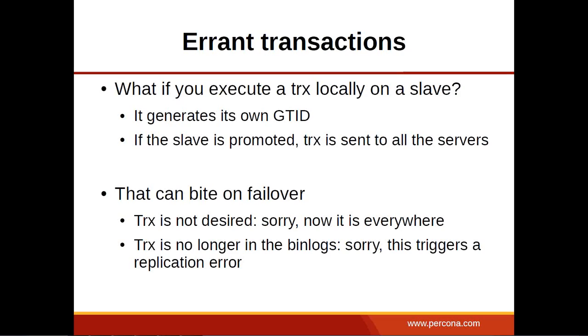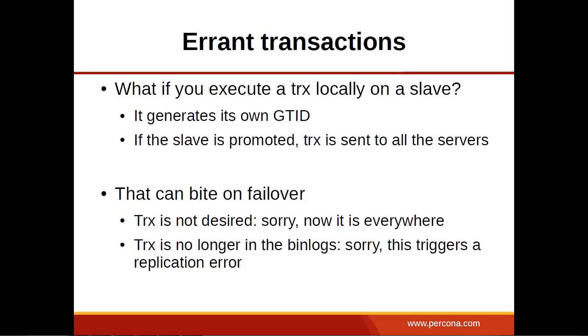First, what happens if you execute a transaction locally on a slave? So, of course, you're not supposed to do that because all writes should go to the master and then go to the slave through replication. But, well, you may make a mistake, you may have a wrong script. There are many reasons why you may execute a transaction locally on a slave.